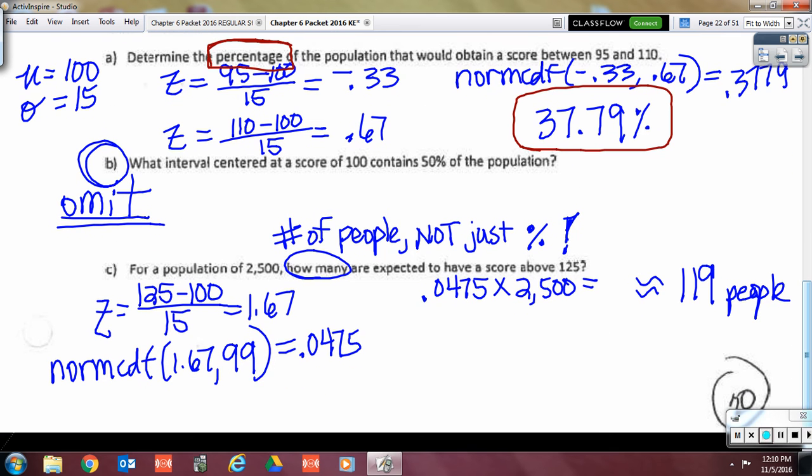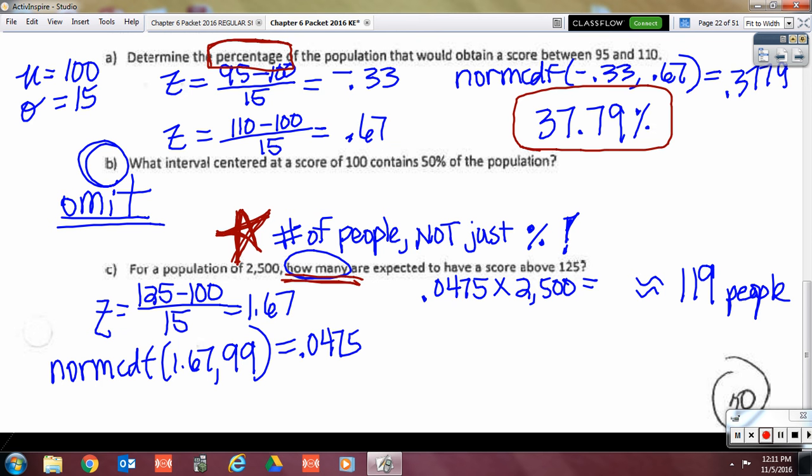We omitted B, and let's look at C. For a population of 2,500, how many? So once you got the percentage, do not leave it there. It takes you again to the number of people, not just the percent.